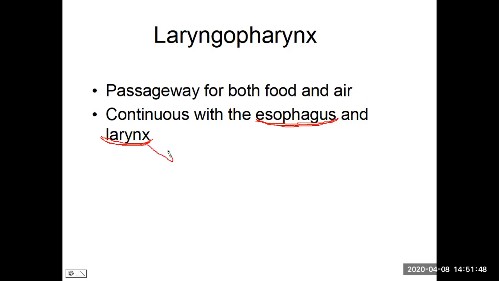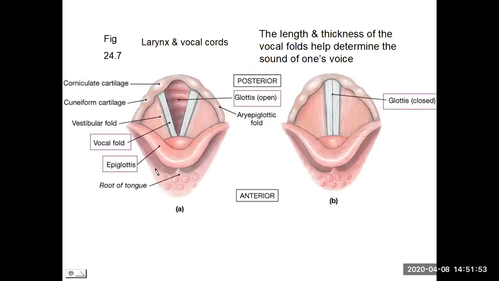So this is, of course, the pathway we're going to follow from the larynx. And it's at this location that we find what's commonly called the vocal folds. So it's this structure here right across this open space. So just the border of that open space is the vocal folds.